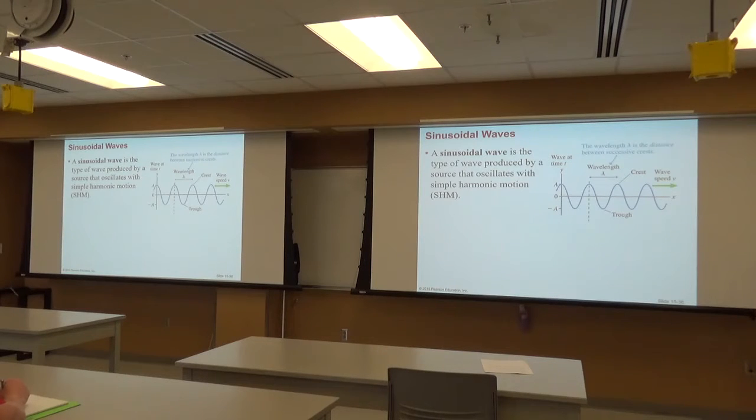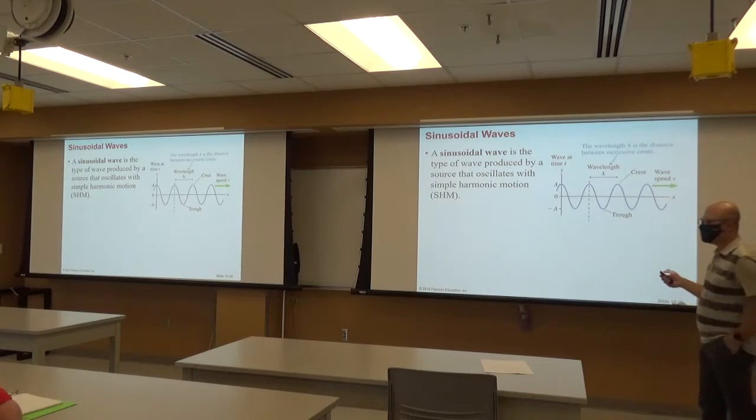Now let's talk about some of the terminologies that we use in simple harmonic waves. This is a simple harmonic wave produced by simple harmonic motion of a source. We have the peak of the wave. We call the peak a crest if it is a positive peak, and a trough if it is a negative peak.